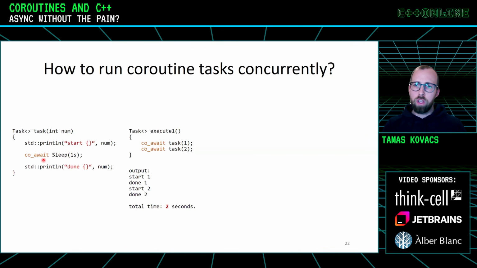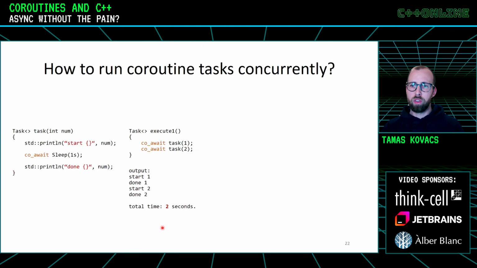So in execute one, we co-await the task one after the other. That means task 2 only starts after task 1 has fully finished. This is not really helpful, and the output reflects pretty well that this is going to take 2 seconds. So this is not really a concurrent execution.